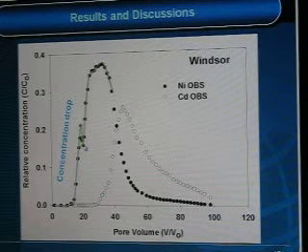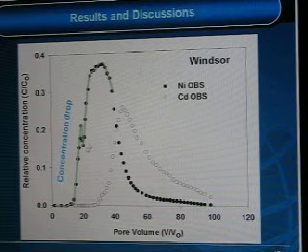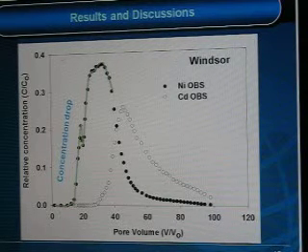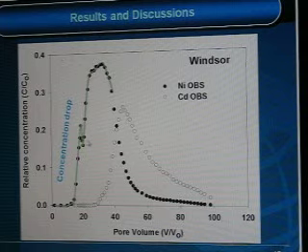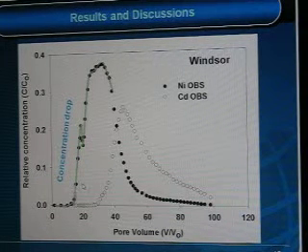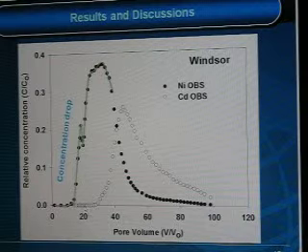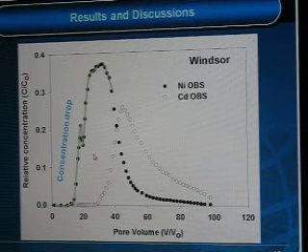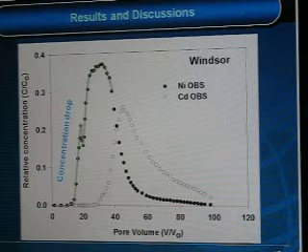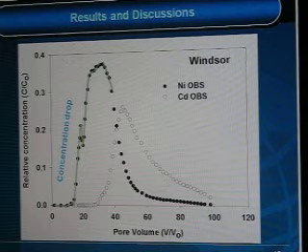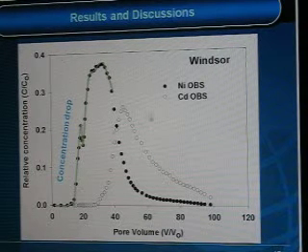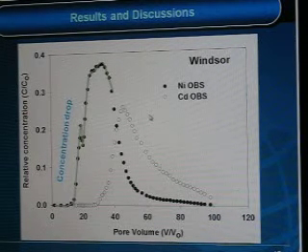How did this happen? Because more nickel was sorbed onto the soil column, and that's why the concentration dropped. The reason is that the cadmium applied into the system made the nickel sorb more, rather than exchanging the nickel out.